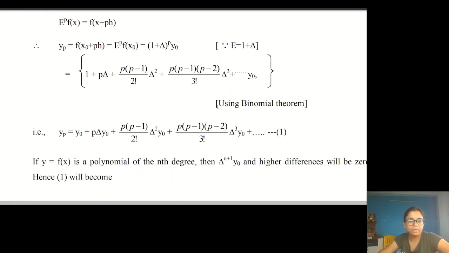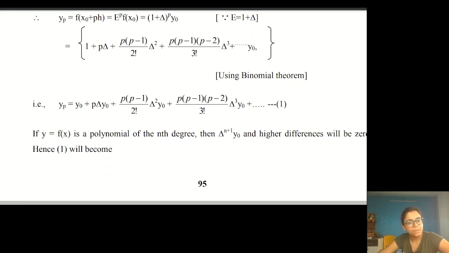Now this is how we would take out the value of y_p, which is equal to y0 plus p delta y0 and so on, to get a generalized value of y_p.